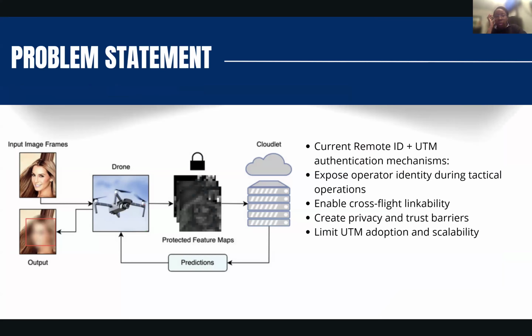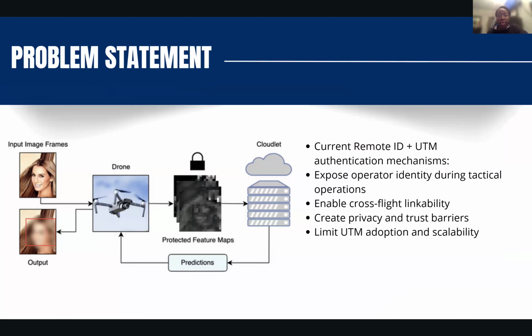Hi everyone, my name is Salme and I will be talking about a growing challenge in drone traffic management and how we keep people safe in the airspace without turning every drone mission into a tracking tool. Right now, most remote ID and UTM systems are identity-based. Every time a drone talks to the network, those messages are tied directly to the real operator.